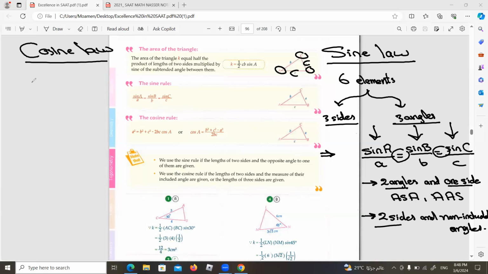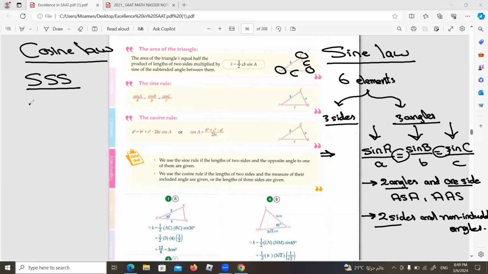We will use this rule if he gave me the three sides and asks me about an angle. For example, angle A, angle B, angle C are missing, and you give me the three sides, for example 5, 7, 6. What shall I do? You will get the first angle, then the second angle, and then the third angle by 180 minus, because the sum of the measures of the interior angles must equal 180.